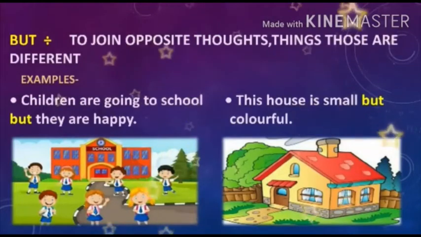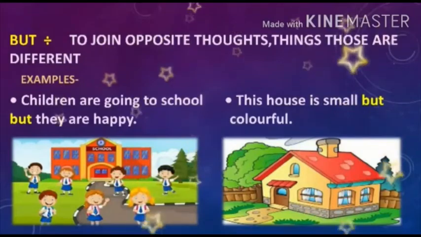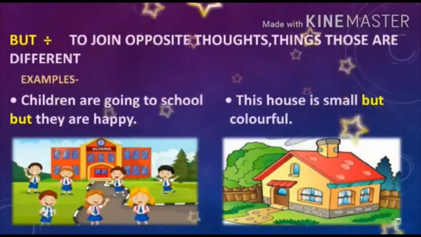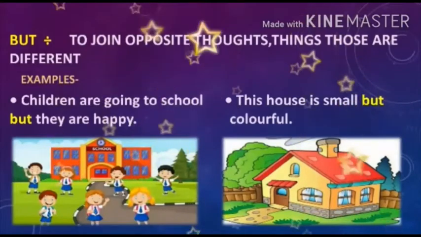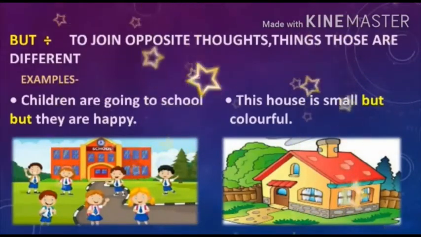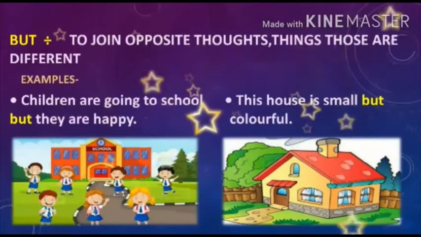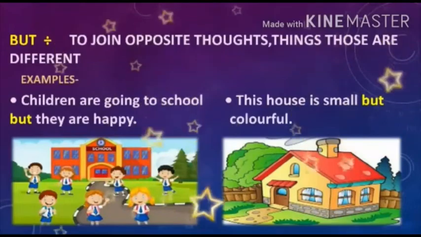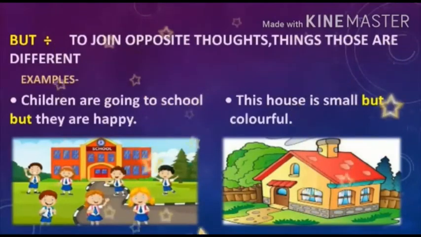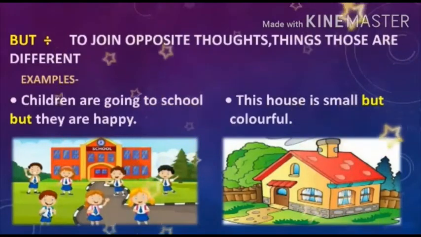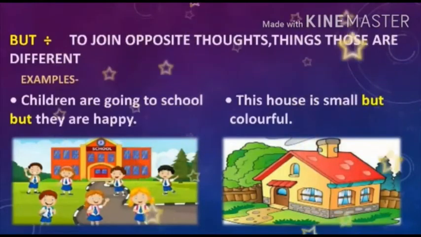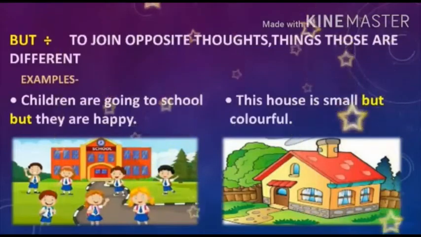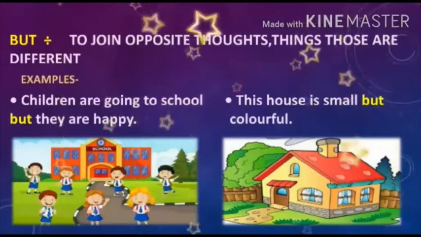The next conjunction is but. But is used to join opposite thoughts, things that are different. For example, children are going to school but they are happy. Generally, most of the students don't want to go to school, and they become sad or angry or start crying. But here children are going to school but they are happy. Two opposite things happen together.